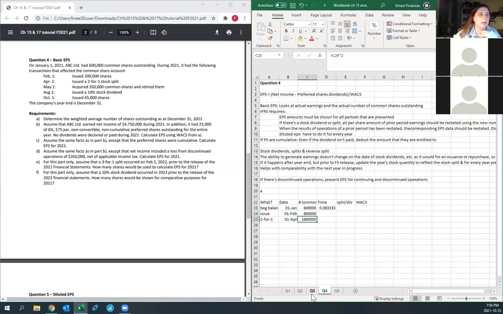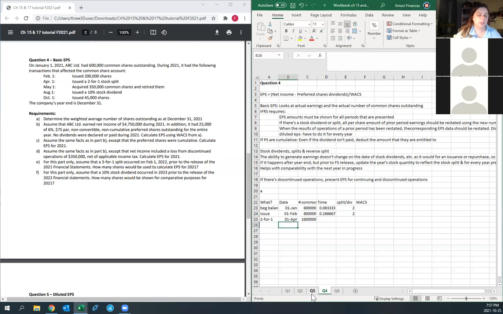Now, it didn't issue new shares, it didn't do anything. So you're going to have to restate your past balances to reflect the split that happened here. So in the factors here, you're going to put 2 and 2 for the 2 previous transactions. And for the time for February 1st, it was 2 months out of the 12 at 800,000.